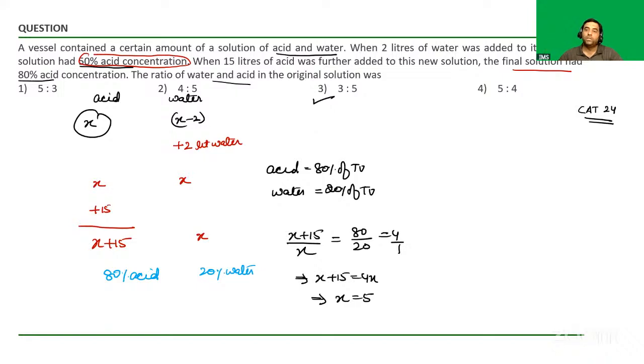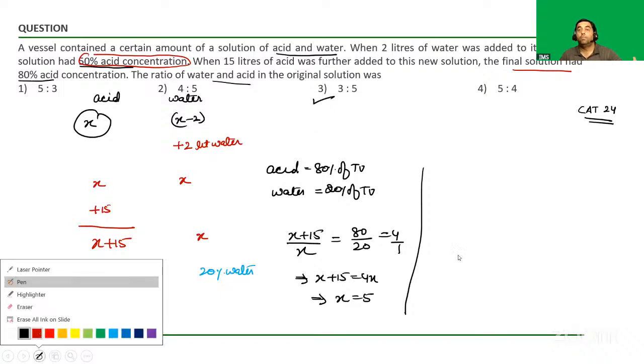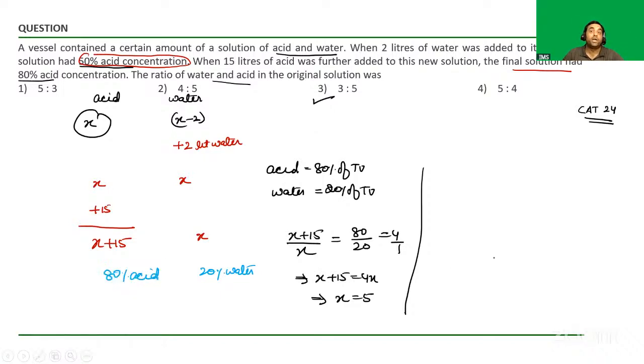Now, what we can also do is go by moving in the reverse order. Please pay attention very carefully. We'll be moving in a backward manner. Now, how can we do that? Initially 2 liter of water is added, and the ratio becomes 50%.